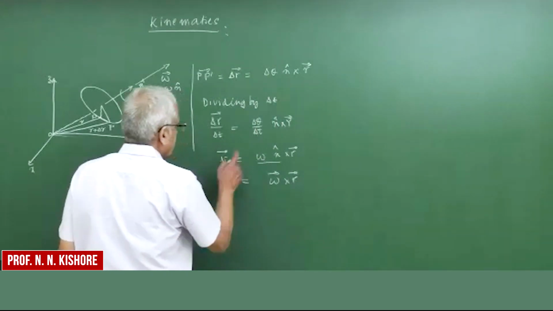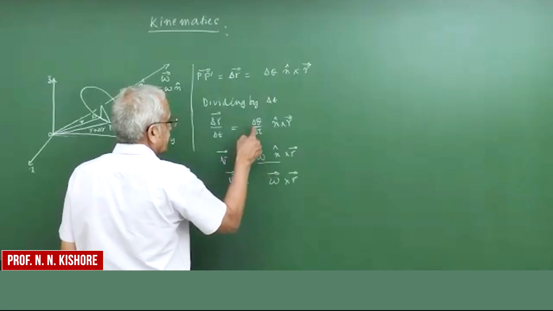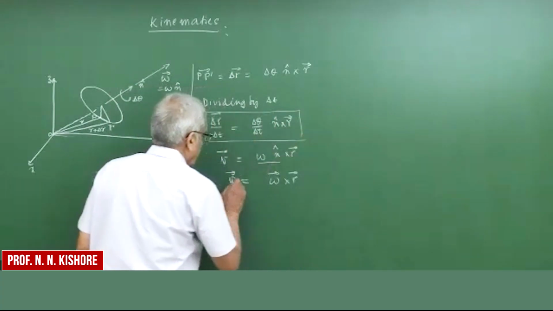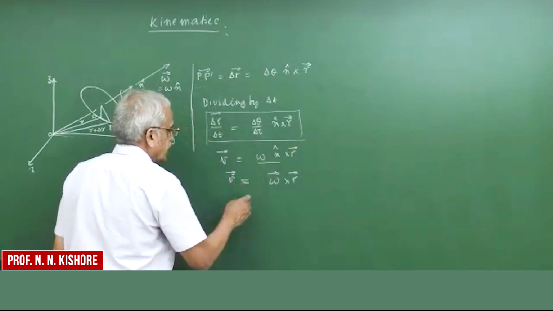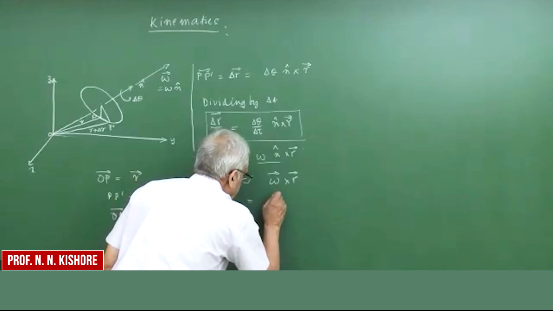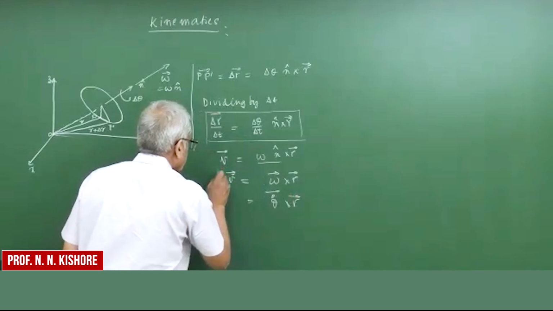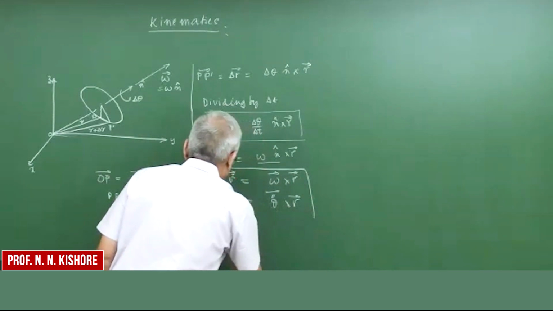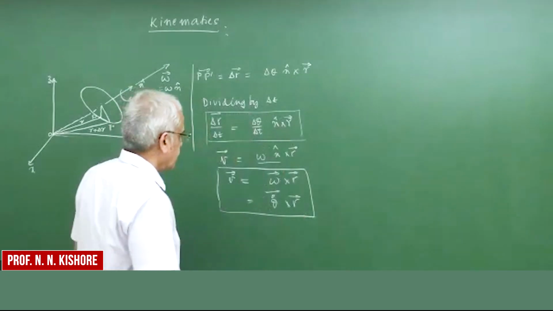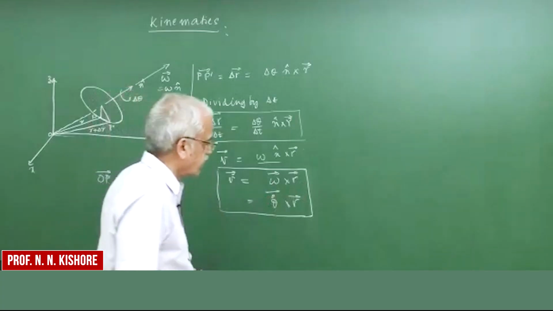So either you can write it in this manner, with delta t, or we can write it as omega or even theta dot as a vector. All these things are very important for us: omega cross r. This is a very important result for us.